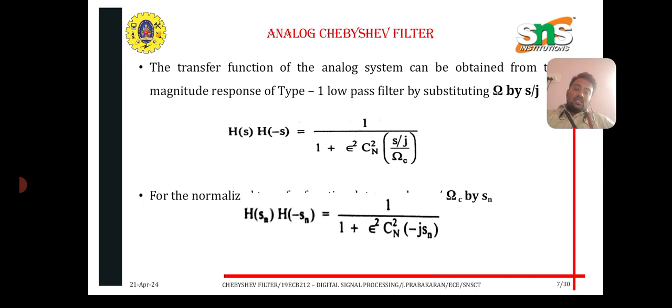For the normalized transfer function, let us replace s divided by omega c by sn, which means H of sn into H of minus sn equals 1 divided by 1 plus epsilon squared Cn squared of minus j into sn.